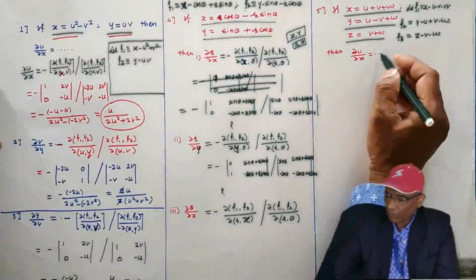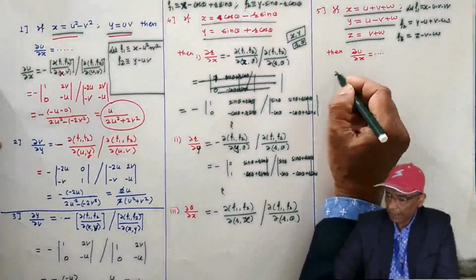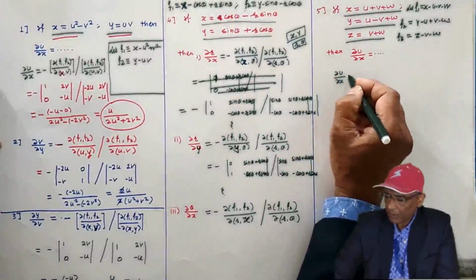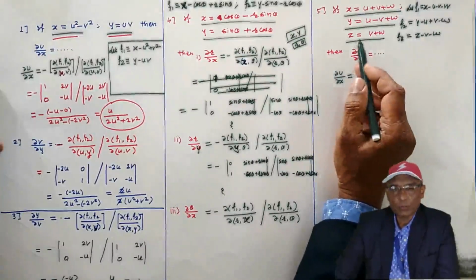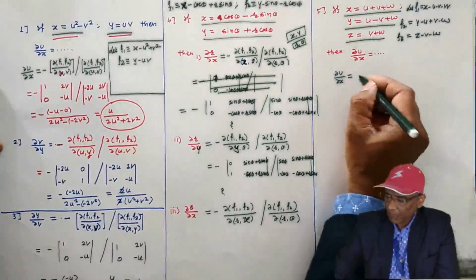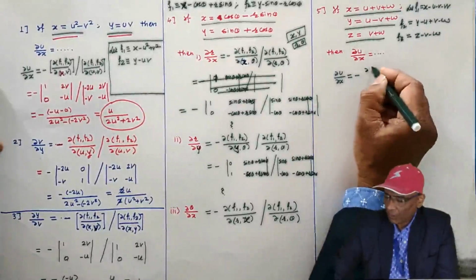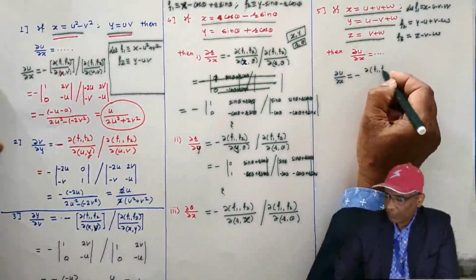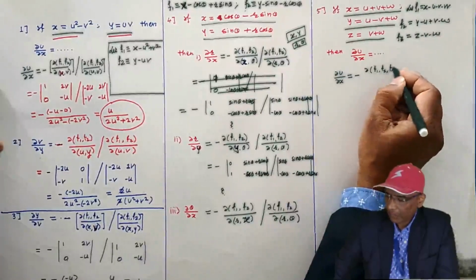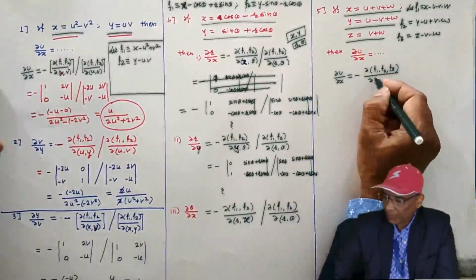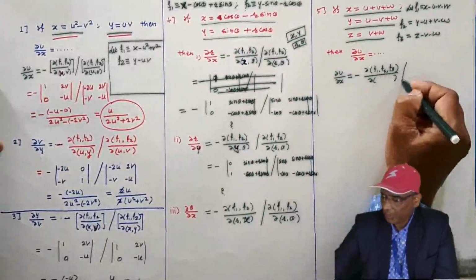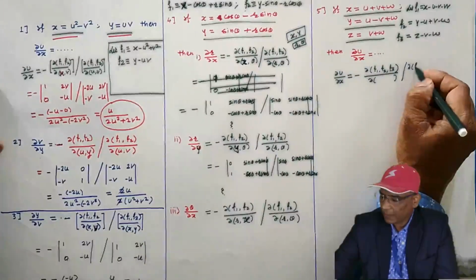See, what is the formula for this? Del u by del x. Okay, here we have the groups UVW and XYZ. Minus by default, the Jacobian of f1, f2, f3, the numerator Jacobian, divided by the denominator Jacobian.